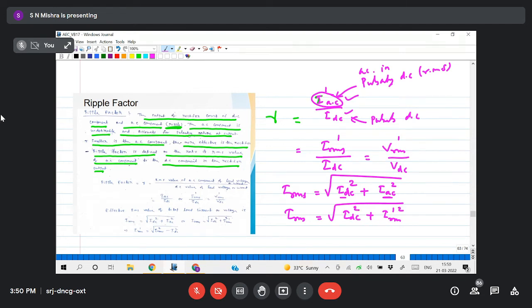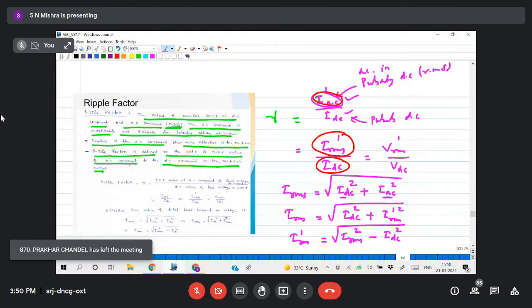Then I'll take this IRMS outside, so that I'll get the square root of IRMS square minus IDC square. And what is my requirement? My requirement is IRMS dash divided by IDC. So I'll divide the entire equation by IDC.